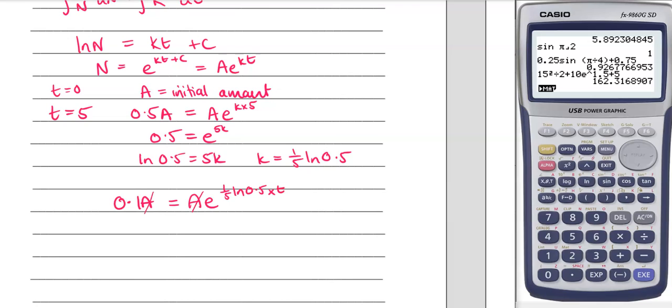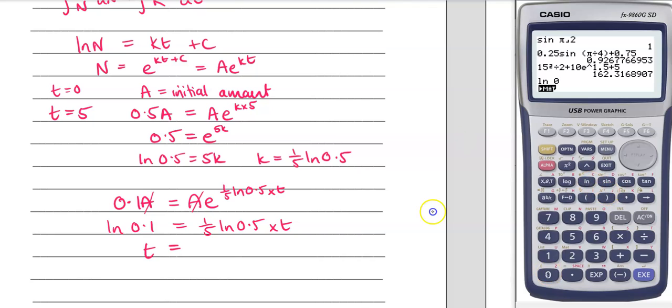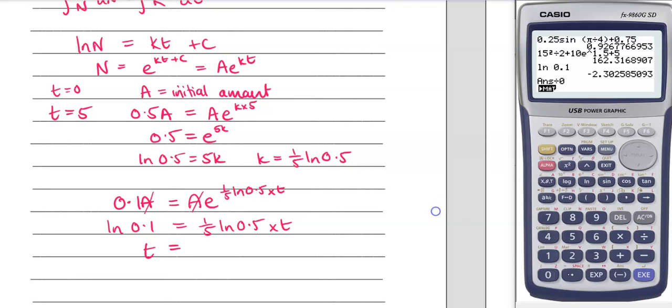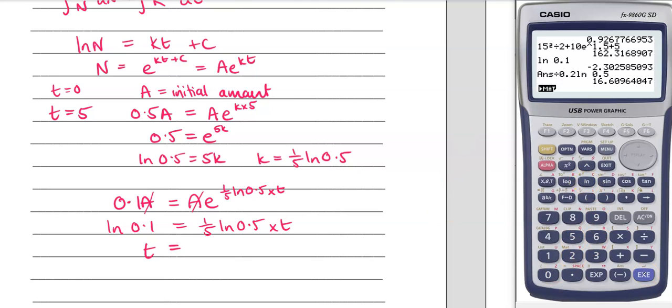Okay, so cancel that through. Natural log of 0.1 will then be 1/5 natural log of 0.5 times t. So t would be, if we do that rearranging here, divide it by 0.2 natural log of 0.5, and that is measured in days.